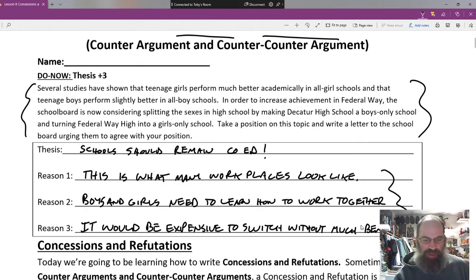And what unites all of these: these two are the positive outcomes of co-ed education, and the final one is a consequence of going the other way. So what establishes the line of reasoning is these are the likely outcomes.